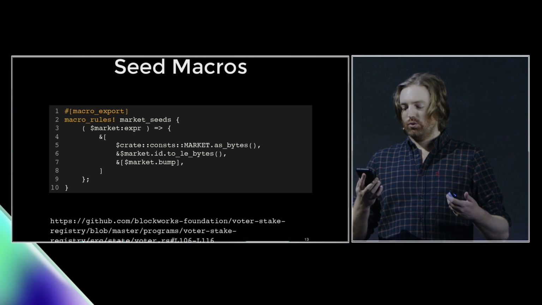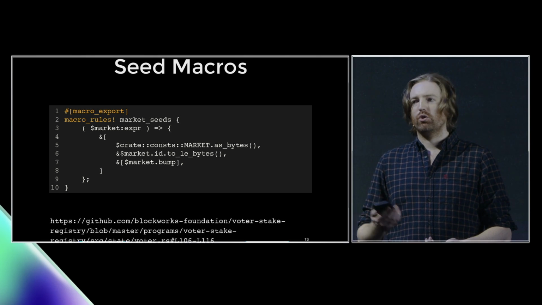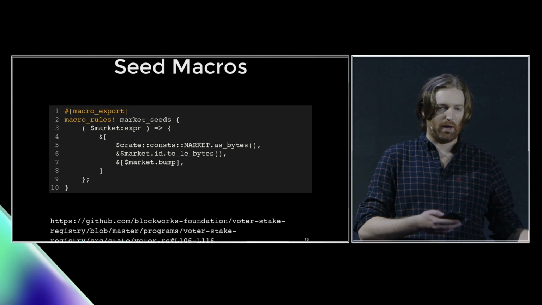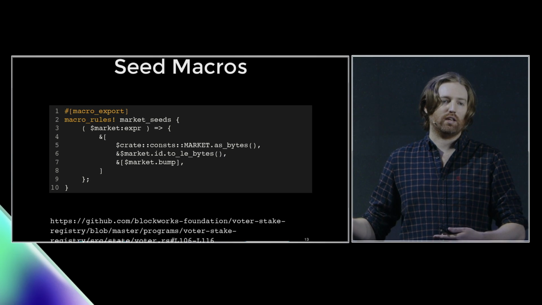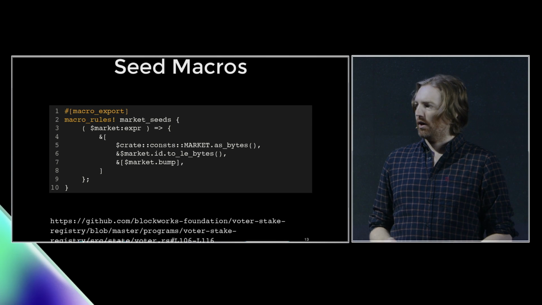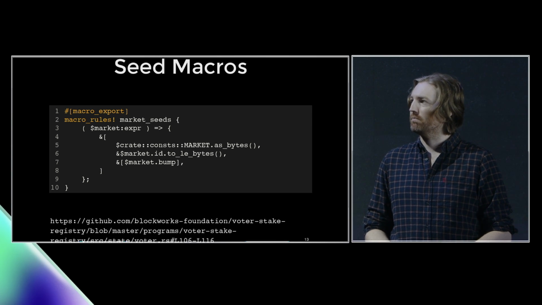When you're trying to return seeds to sign a cross-program invocation, you usually want to store them in something easy, right? You want to store them in a function or a macro. And this macro is the easiest way that I've seen to store seeds for doing cross-program invocation. I got it from Christian Kam's Blockworks Mango voter stake registry.